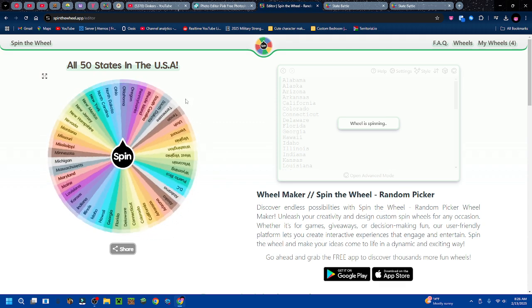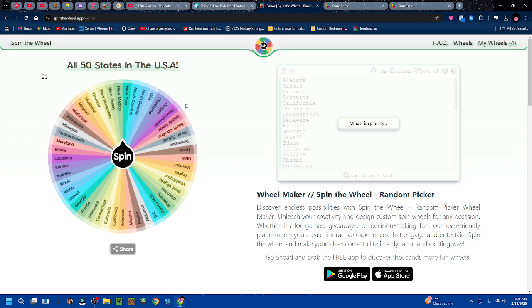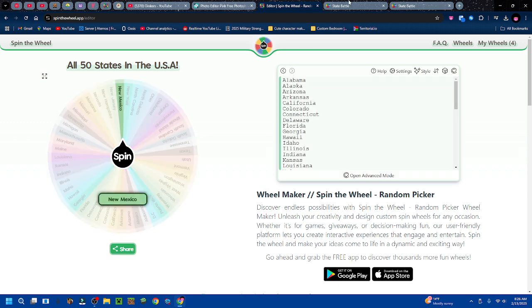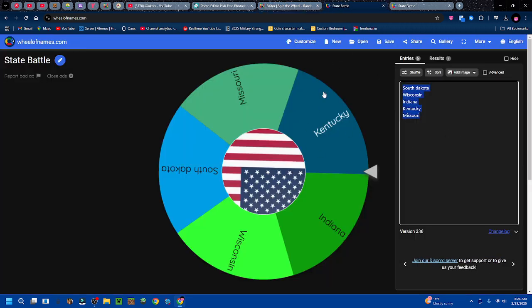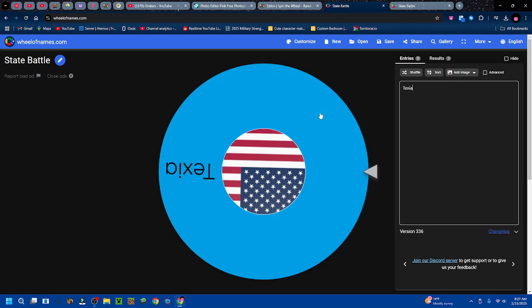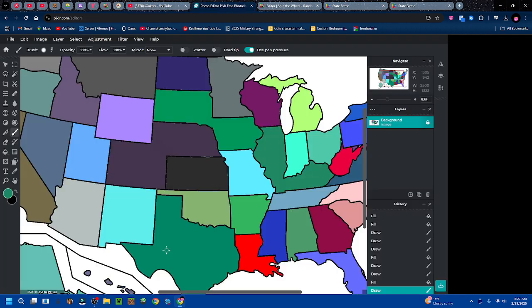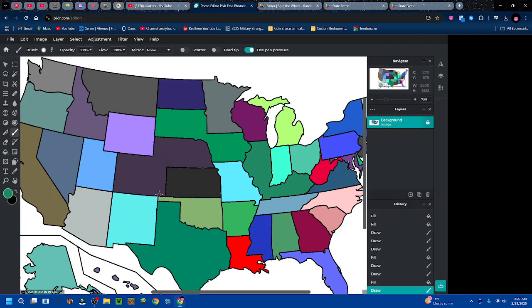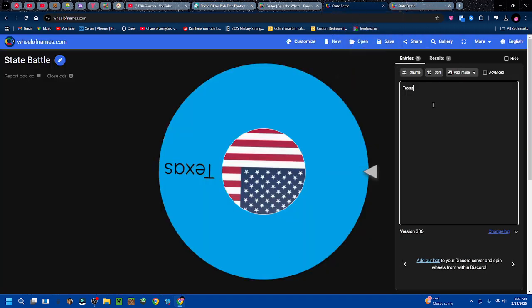It is going to be New Mexico. Alright. I know they border Texas, but who else do they border? They border Oklahoma, Colorado, Arizona, and slightly Utah. So, Oklahoma, Utah.